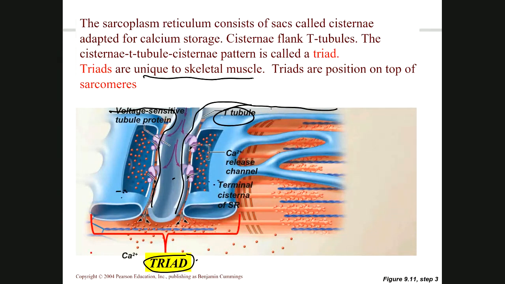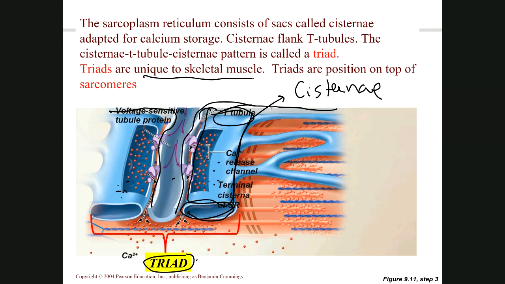Flanking either side of the T-tubule is a layer of these sarcoplasmic reticulum, which creates these sac-like structures called cisternae. So a triad consists of two cisternae flanking a T-tubule, and the T-tubule is made from the cell membrane, from the sarcolemma.